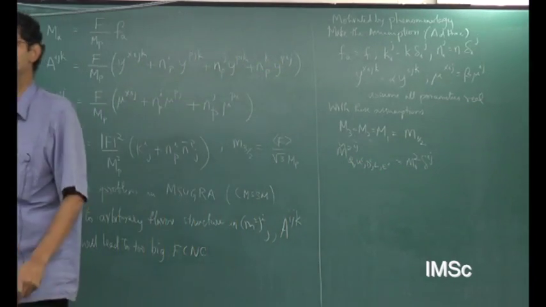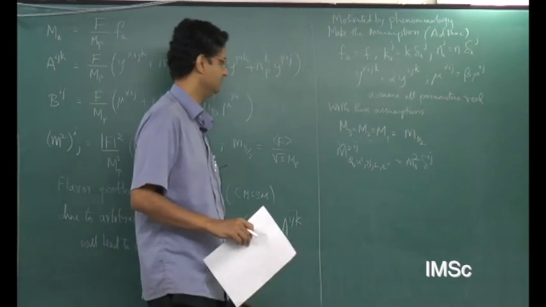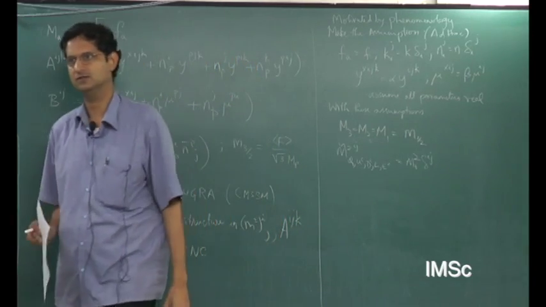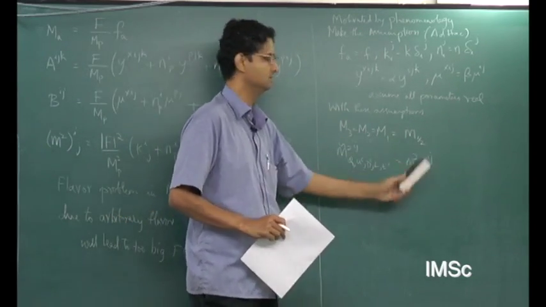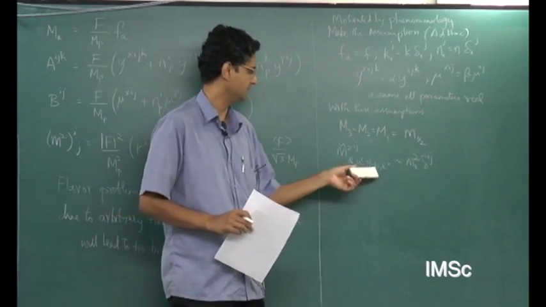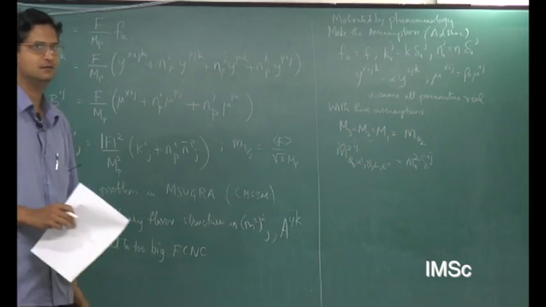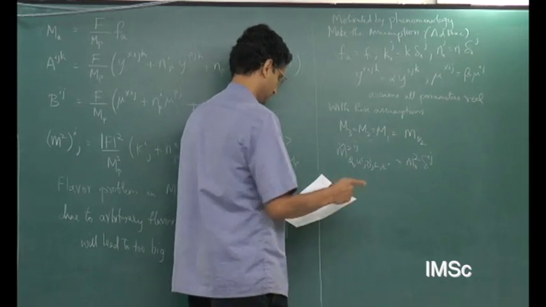If you have flavor diagonal, then there are no flavor changing neutral currents. If you have flavor off diagonal terms here, that is what leads to FCNC. So this assumption will lead to a flavor diagonal m0 squared, and one common mass scale for all of these scalars. It's a drastic reduction in the number of parameters, as you can see.